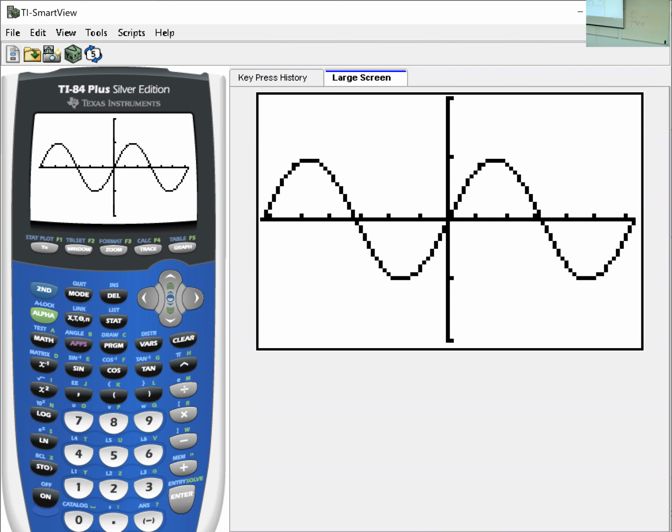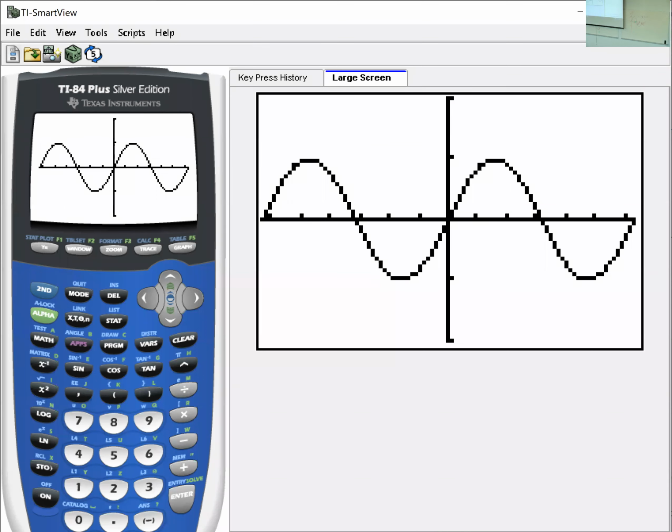Of course, mine's messy, not pretty. Agree? 0 to 2 pi, sine wave. Same on the other side, sine wave.